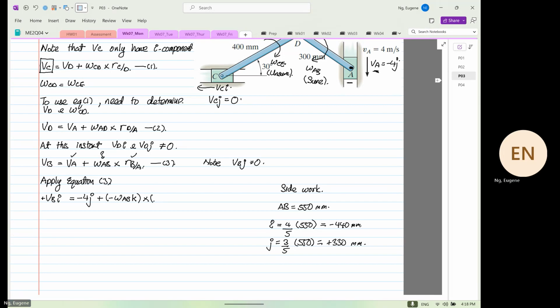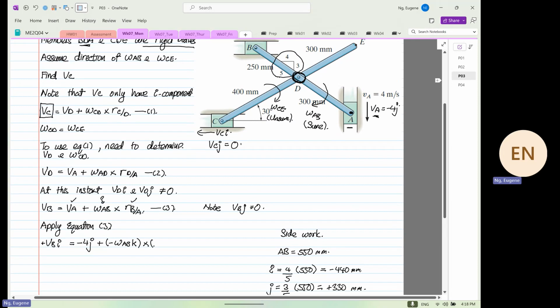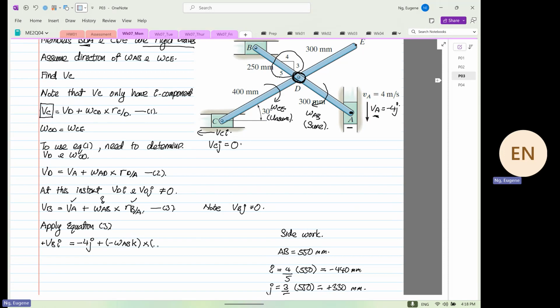So from here, we can write point B from point A: the I is minus 440I, or 0.44I, plus positive 0.33J.